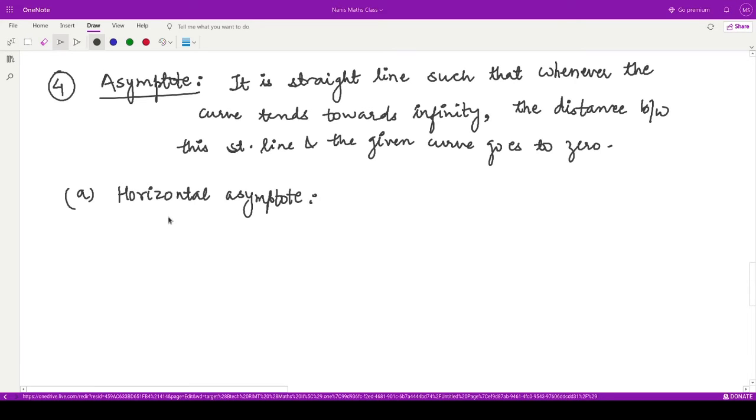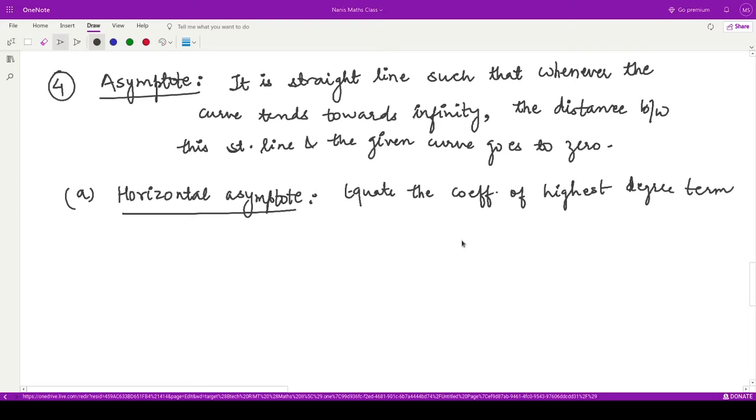To calculate the horizontal asymptote of the given curve, we equate the coefficient of the highest degree term in x to 0. Our curve was x cube plus ax square is equal to y cube.